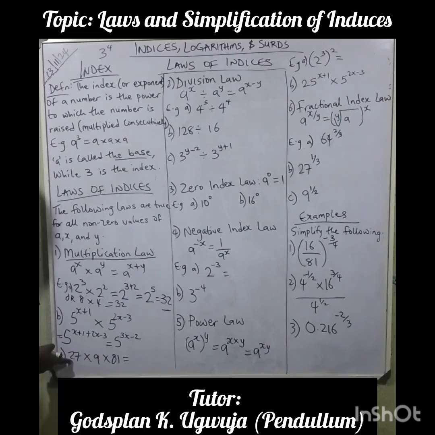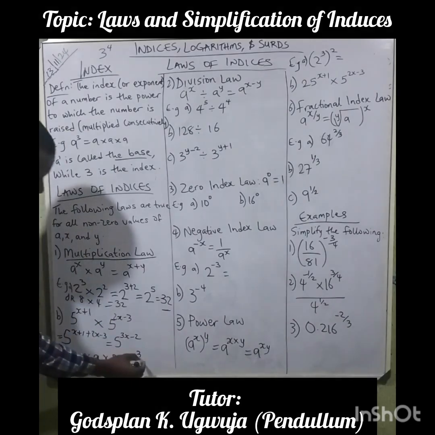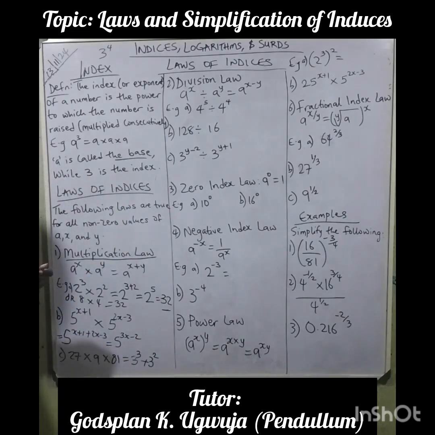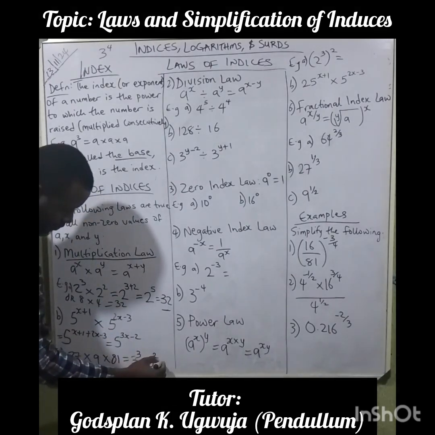Now 27 is 3 raised to power 3. 3 times 3 is 9, 9 times 3 is 27. Like we just said, 9 is 3 squared, 3 raised to power 2, because 3 times 3 is 9. And then 81 is 3 raised to power 4: 3 times 3, 9 times 3, 27 times 3, 81.